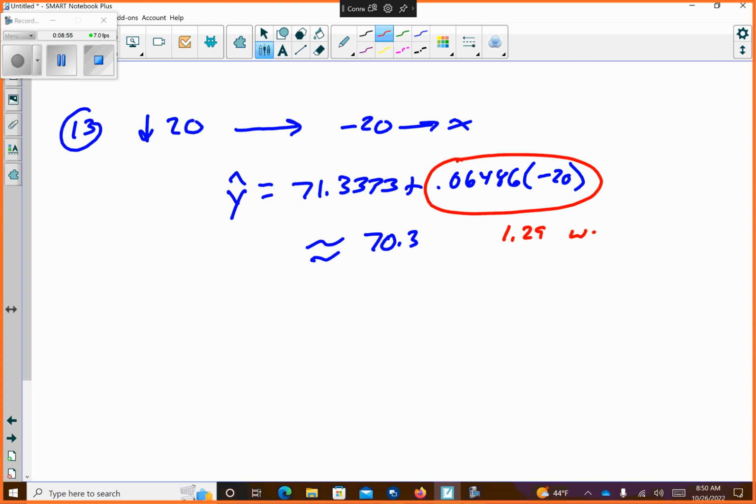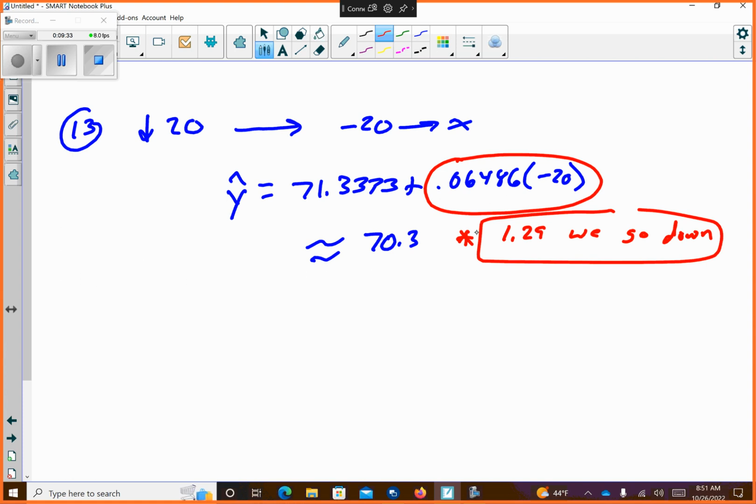So we would go down 1.29. Okay, so I guess in the context of the problem, we lower down 1.29 if we decrease by 20. And then your overall would be 70.3. So I think this would be the answer they're looking for. That's kind of a tricky one. That'd be one probably in an AP test they would nail you on. If you gave me the answer of 70.3 versus 1.29, I'd probably give you credit either way.